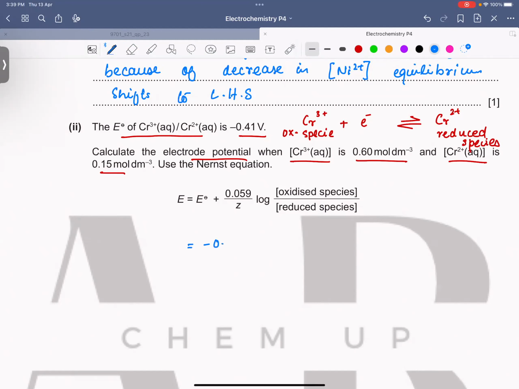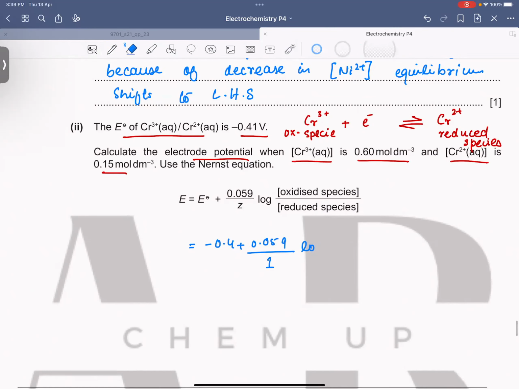The E naught is minus 0.41 plus 0.051 over 1. So log, 1 electron, so we take a 1.